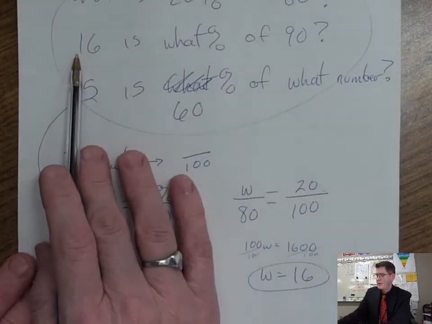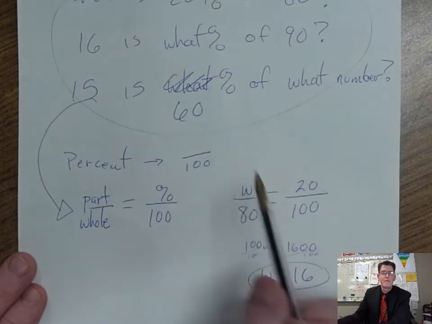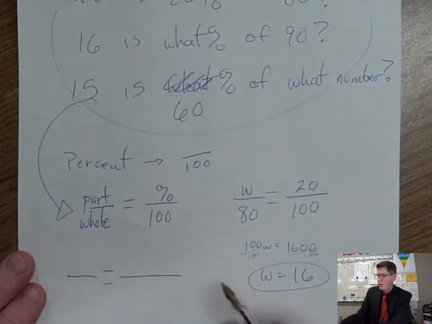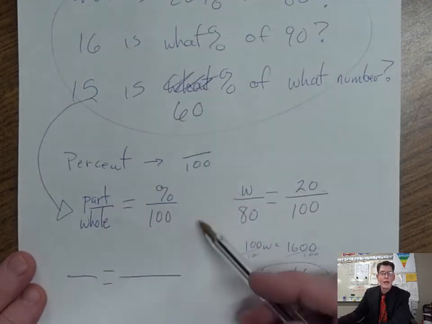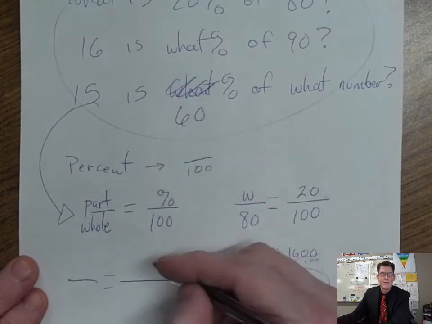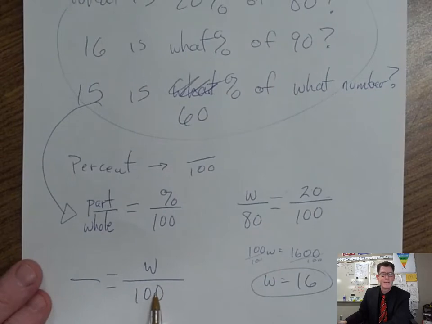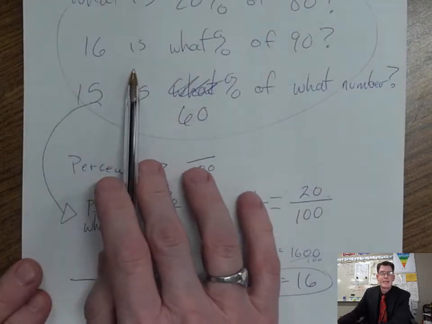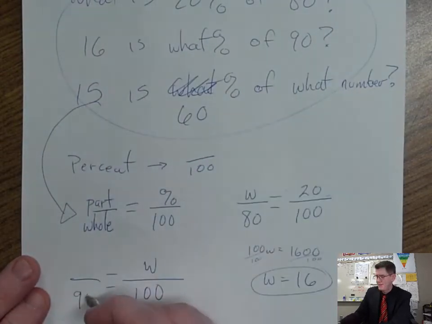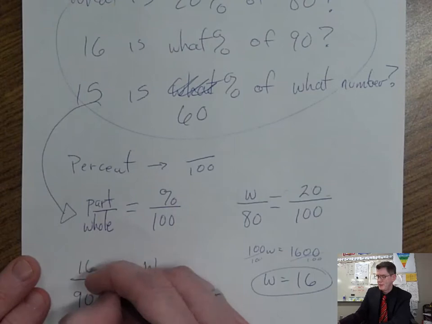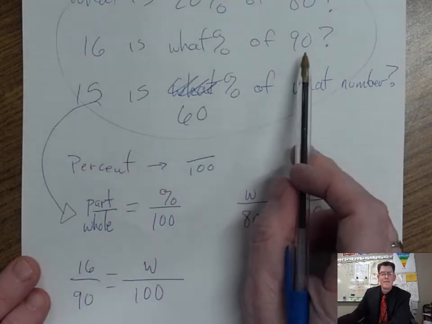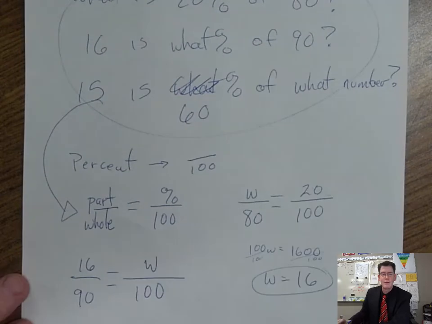Another one, 16 is what percent of 90? So again, we build the proportion. What is now that percent? So that what becomes the variable. What percent? We don't know what percent. 16 is of 90. So 90 is the full amount, and 16 is part of this amount.